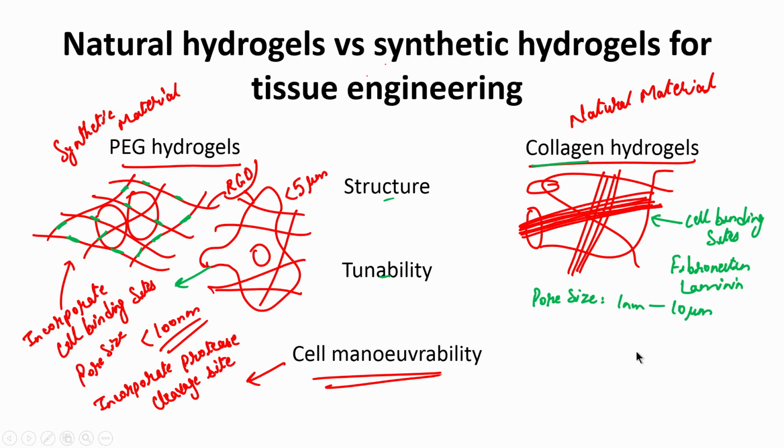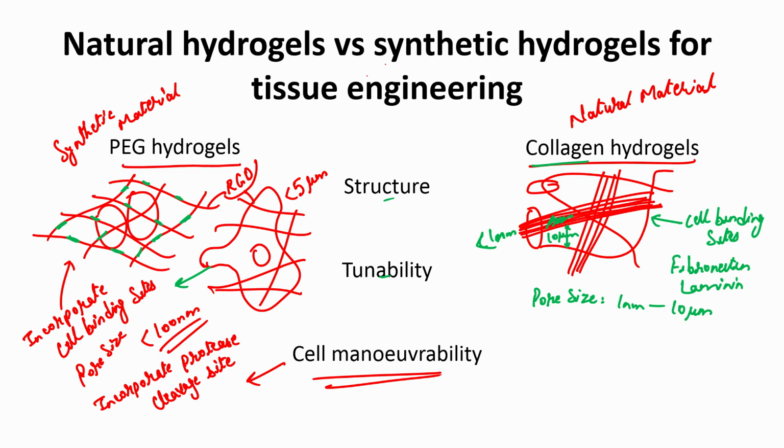So, certain regions will have large pores, certain regions will be fairly compact as you are seeing here. This is less than 1 nanometer gaps, and this is huge gaps of, let us say, 10 microns, and because of that you do not really have to worry about cell maneuverability.